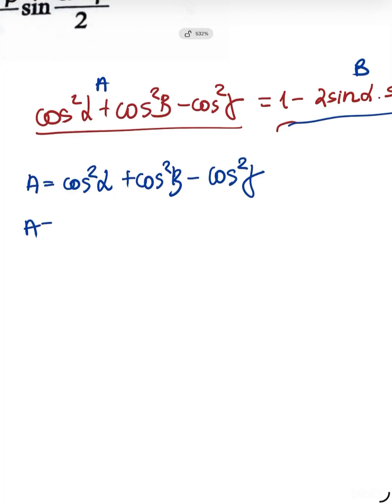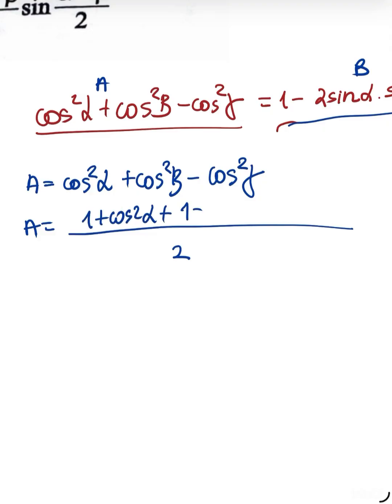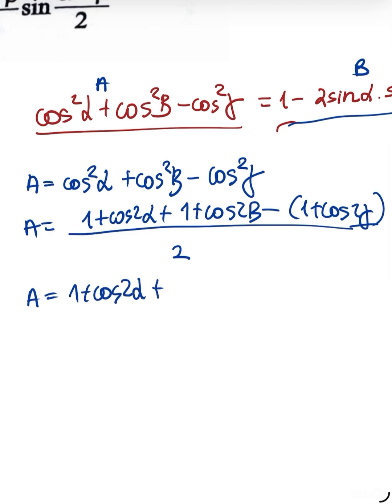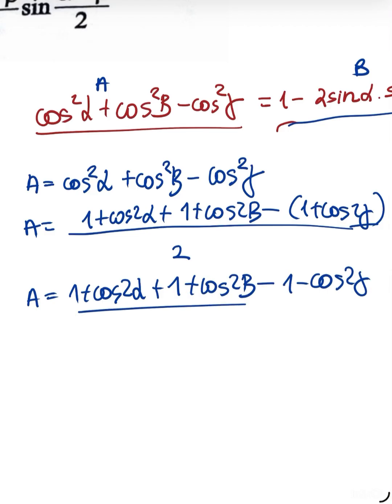And yeah, we're applying the formula, putting under a common denominator and then using 1 plus cosine 2 times alpha plus 1 plus cosine 2 times beta minus 1 plus cosine 2 times gamma. A is equal to 1 plus cosine 2 times alpha, plus 1 plus cosine 2 times beta, minus 1 minus cosine 2 times gamma, divided by 2.